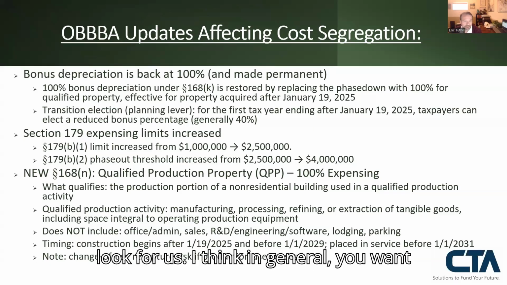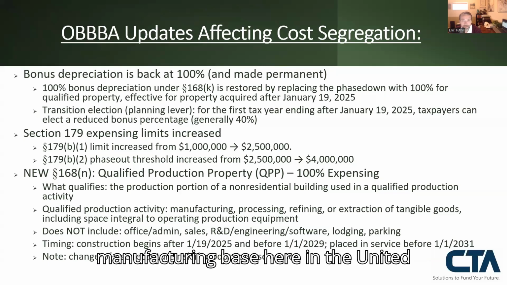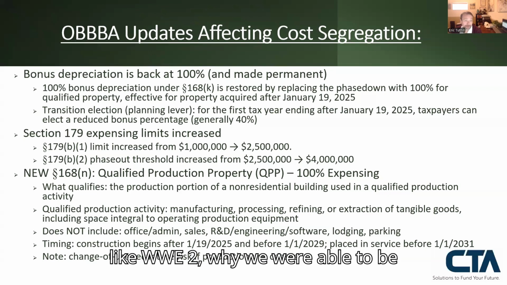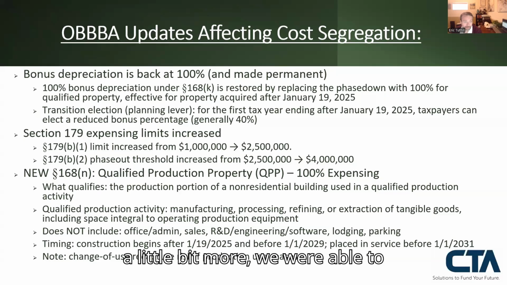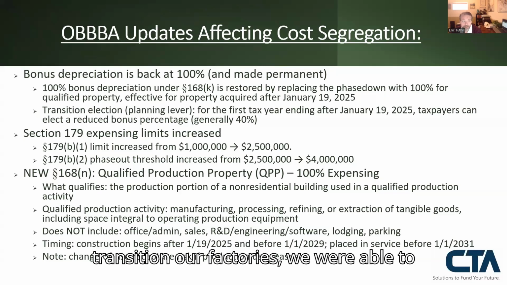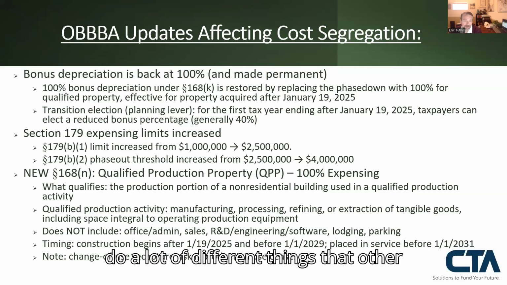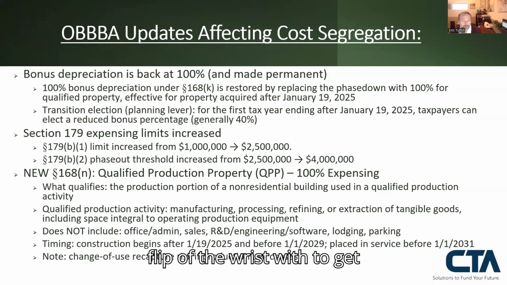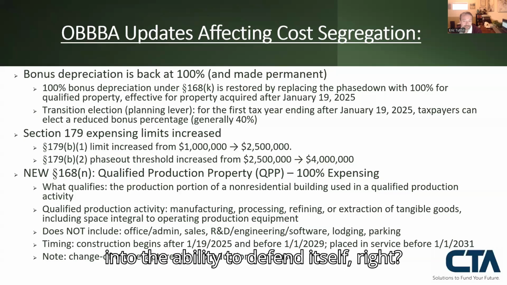I think in general, you want to make sure that you have a good heavy manufacturing base here in the United States. If you look historically, like WW2, we were able to transition our factories, and we were able to do a lot of different things that other countries didn't have that quick flip of the wrist to get into the ability to defend itself, right?